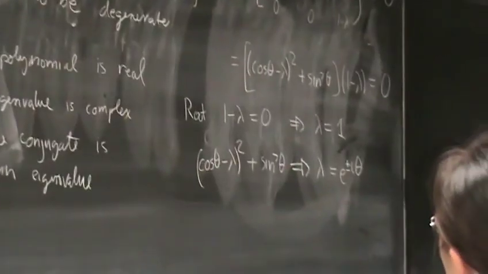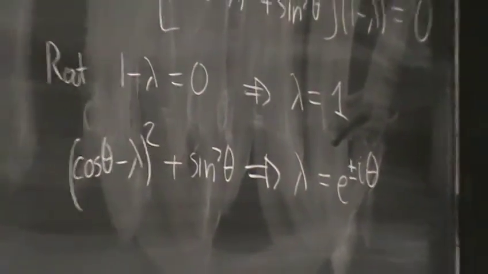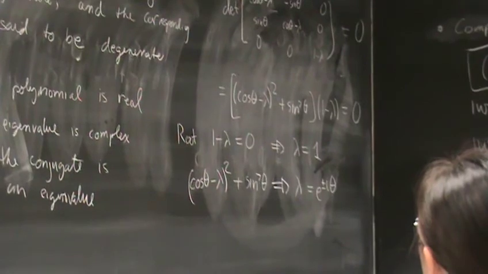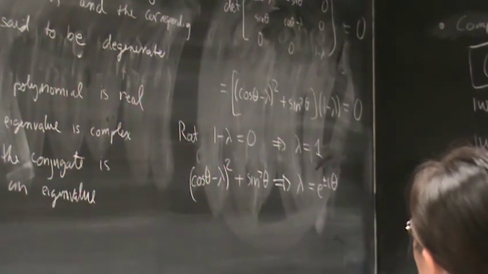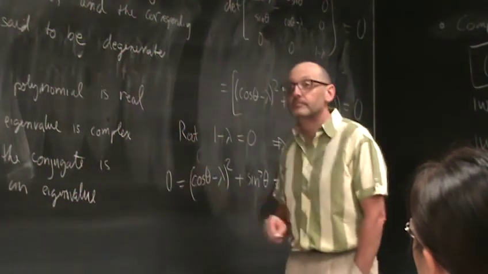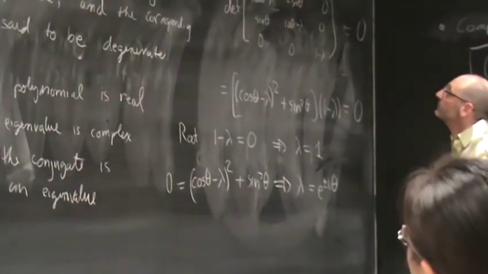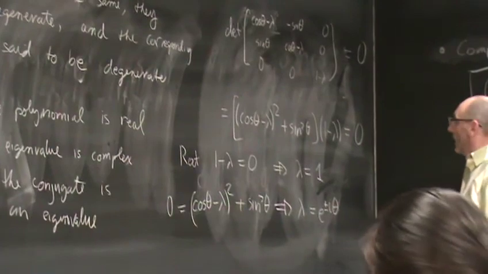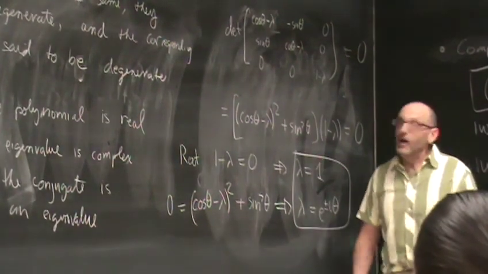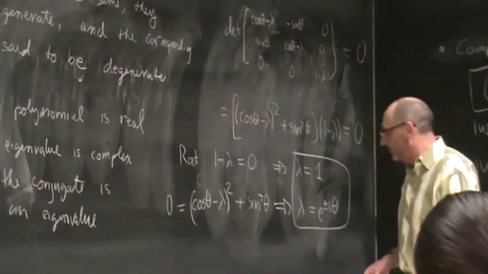Cosine squared plus sine squared terms just equal 1, but then you have the cross term, and you set this equal to 0. These are the eigenvalues. Now, I'm running out of time, so I'll finish this up next time.